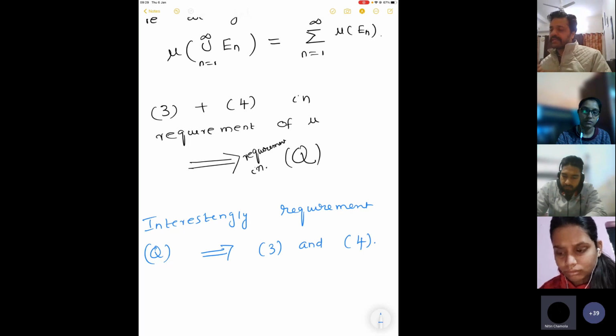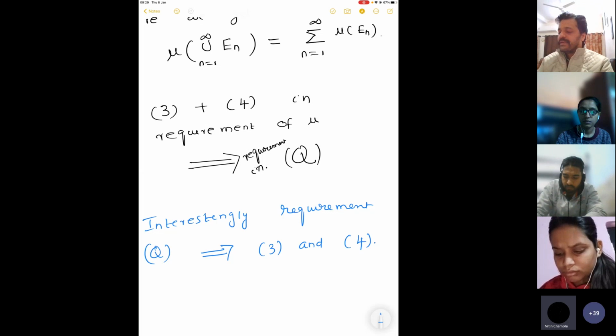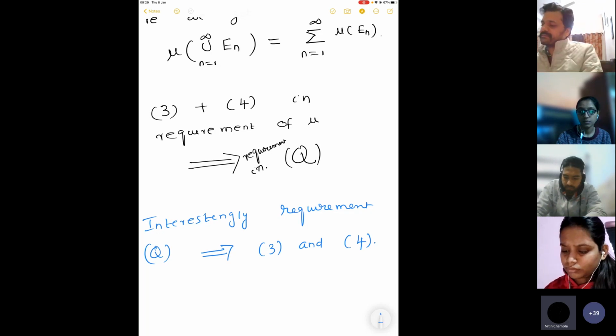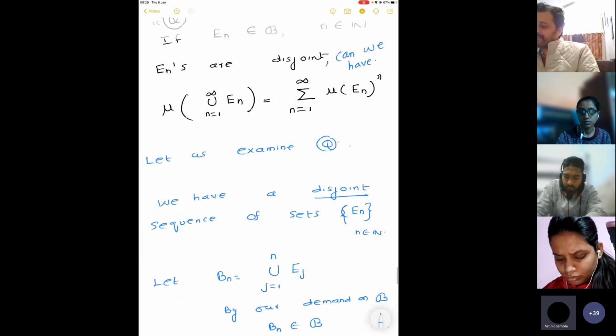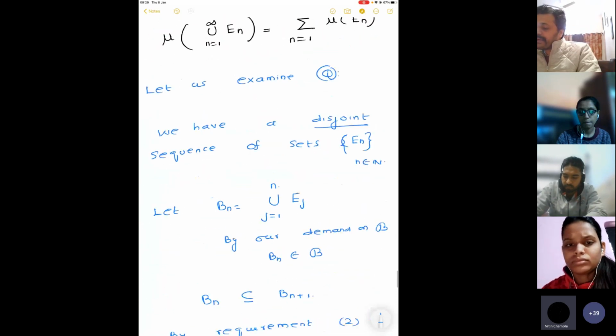Now, what can you deduce from all these things? The one single condition I wrote in Q is equivalent to what? Equivalent to 3 and 4. So why list 3 and 4?